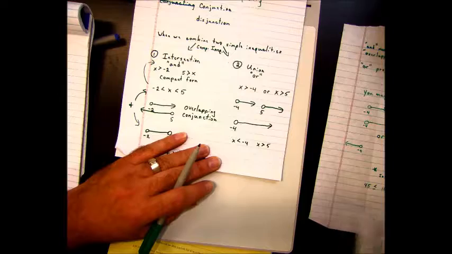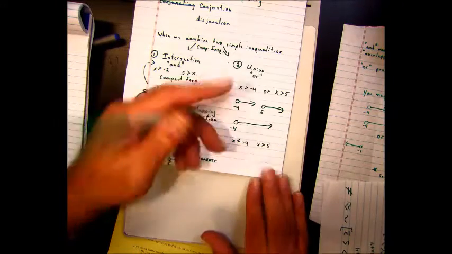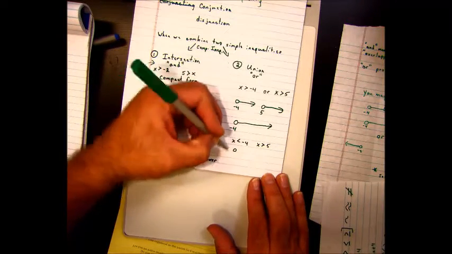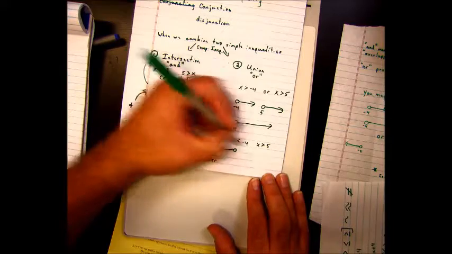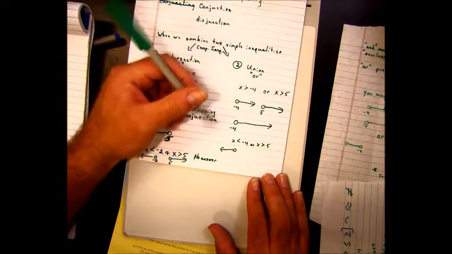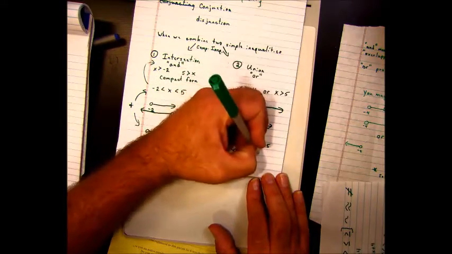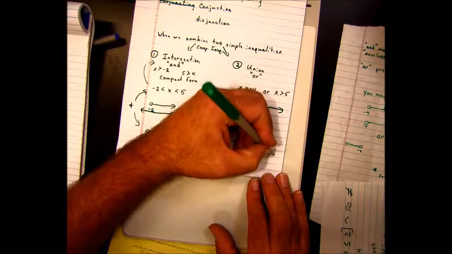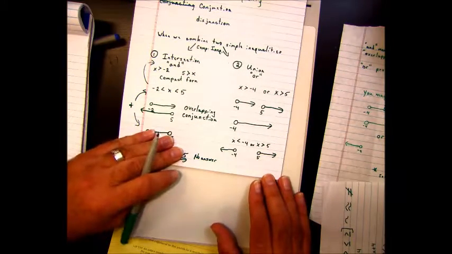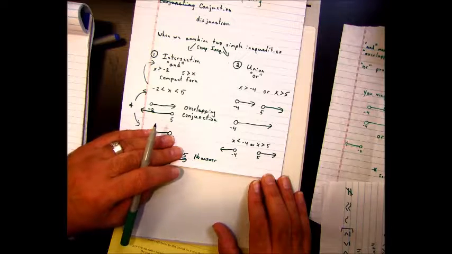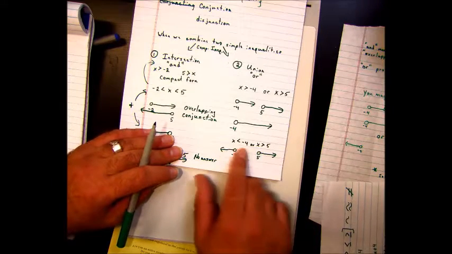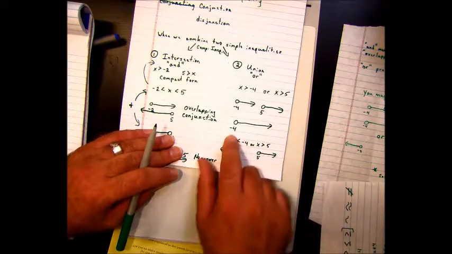Okay, so now I have this problem and I go to graph it, and remember it's going to say or. Uh-oh. Well, look at this. Now remember, we used open dots because there is no equal to.